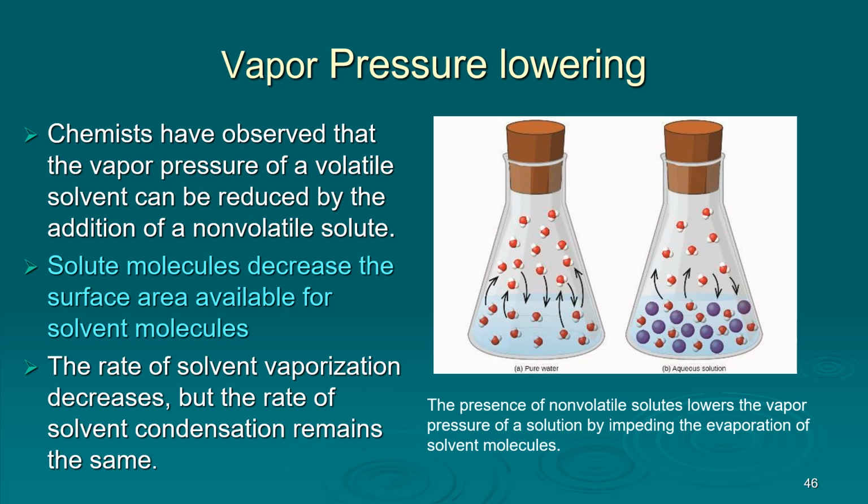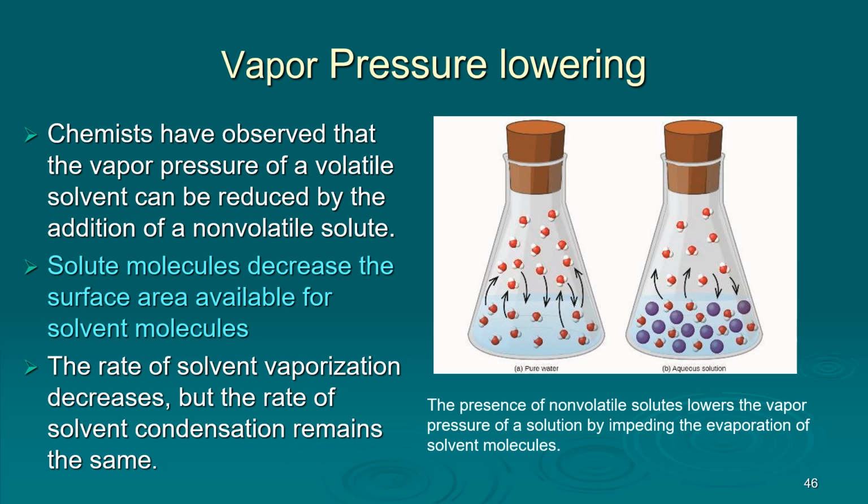So vapor pressure lowering. The vapor pressure of a volatile solvent will be reduced by adding some kind of solute. You can see here in the picture, this is an aqueous solvent. This is pure water, and this is water with maybe sugar in it. You can see that the number of molecules in the vapor is smaller than in the pure water.